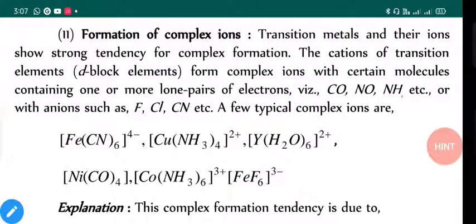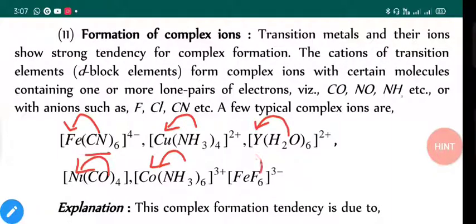In the given example, CN minus will donate electron pairs into empty orbitals of Fe, and we have a coordinate covalent bond. Similarly, NH3 will donate to Cu, H2O to another metal, CO to Ni, NH3 to Co, and F to Fe. So all of them will donate electron pairs to the given metals and form complex compounds.